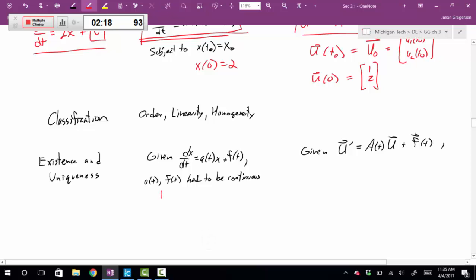So you can imagine over here if I had dx dt is equal to 1 over t times x plus 3, we'd say there exists a unique solution in the interval from negative infinity to 0 and from 0 to infinity. We said basically for all t such that t is not equal to 0 is another way to write that. And it's going to be the same thing over here. You're looking for bad t values, right? Questions?